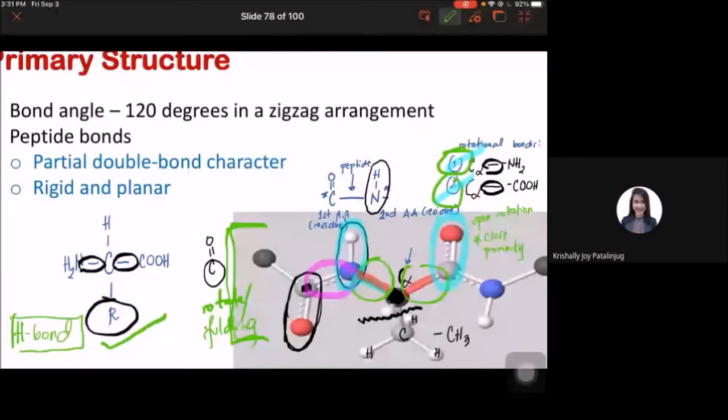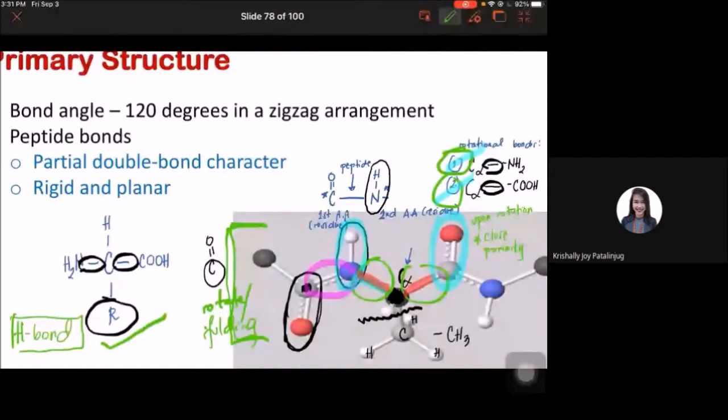Without rotation of the peptide bond, walang level up. Walang upgrading sa structure nila. So, importante din yung folding, yung pag-rotate ng rotational bonds, para mag-level up into secondary level.